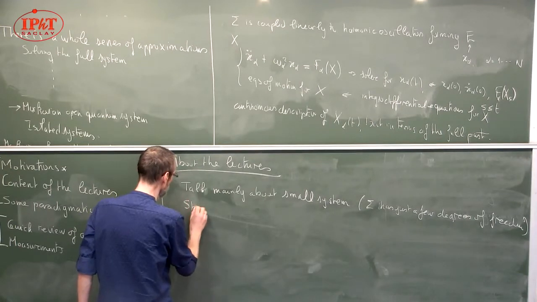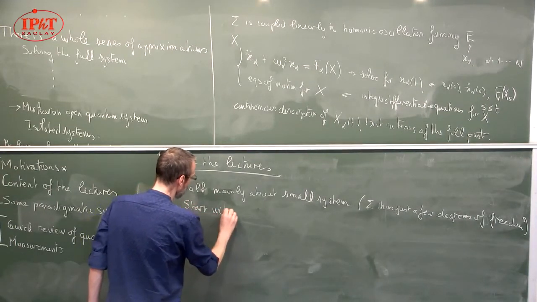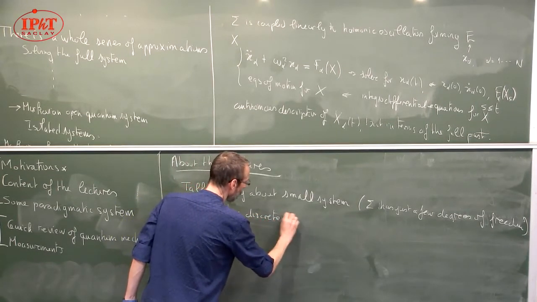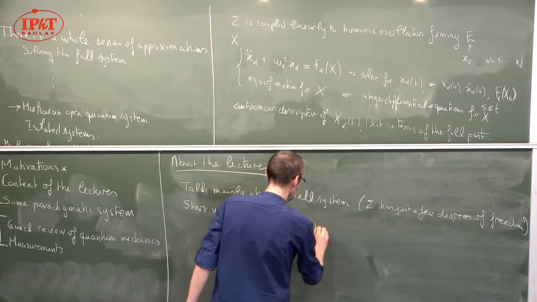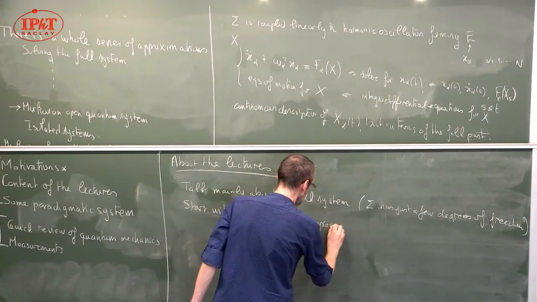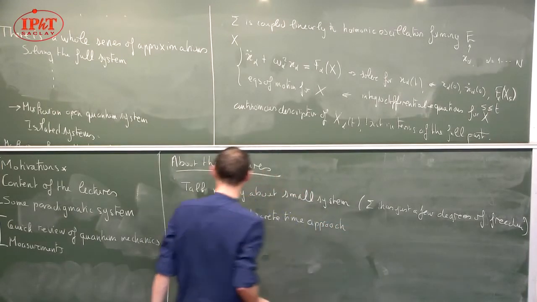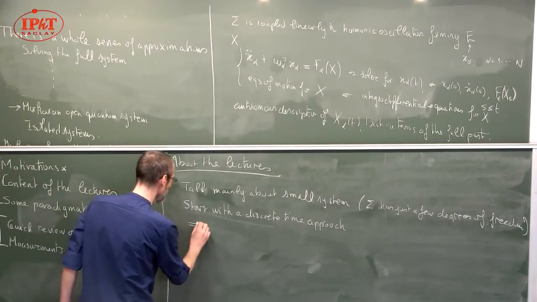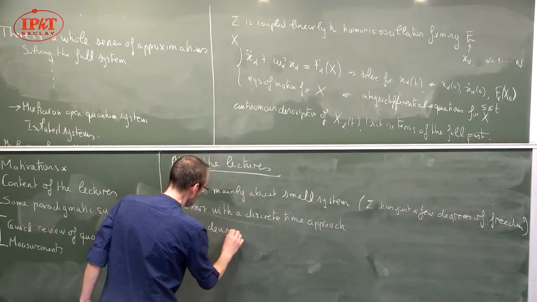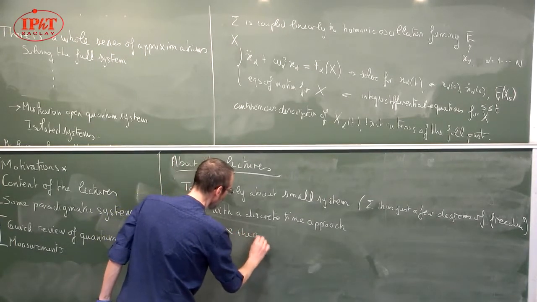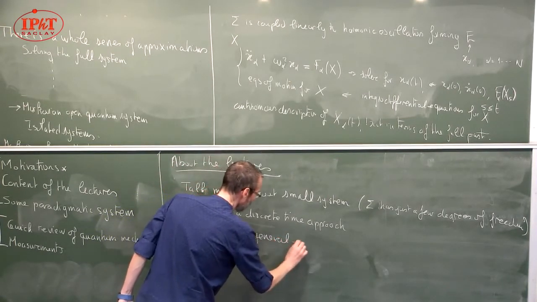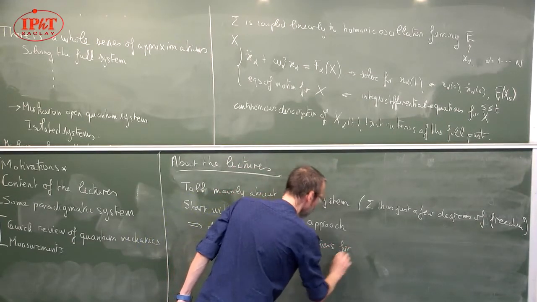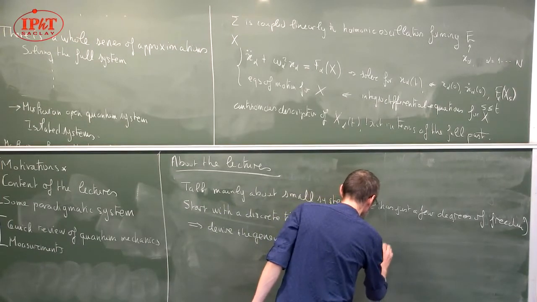Start with a discrete time approach. And in this setting, the aim will be to derive the general equations for Markovian evolution.